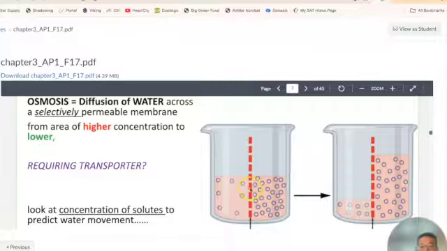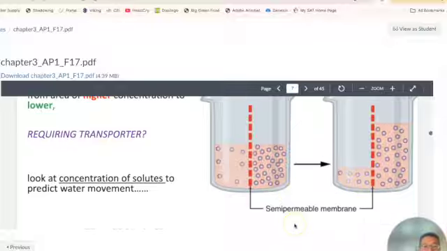So on this side there's a lot of salt. On this side it's not so salty. So where does water go? It will go from the less salty side to the saltier side to make it homeostasis, kind of. So to make it balance, we call this term isotonic.